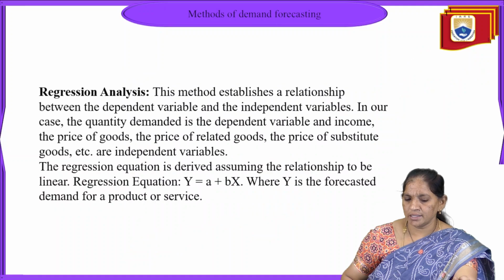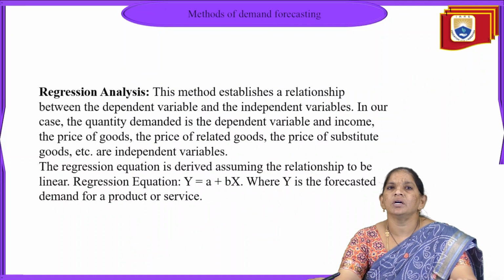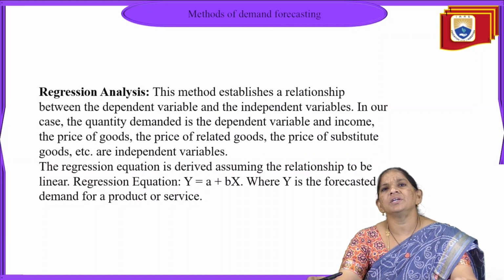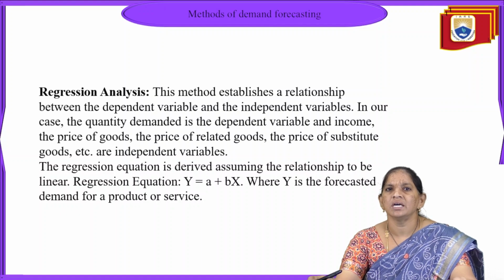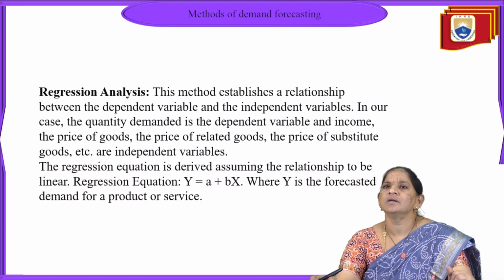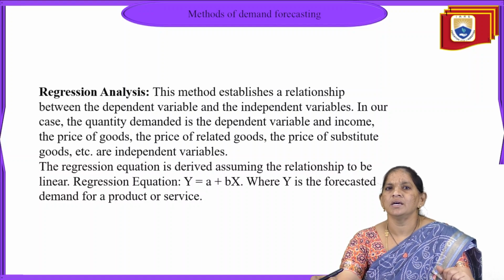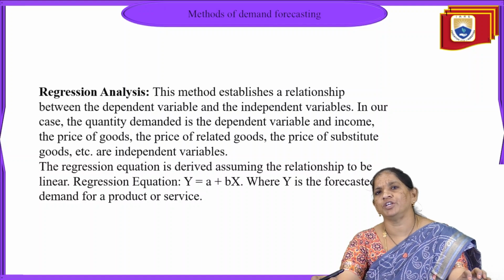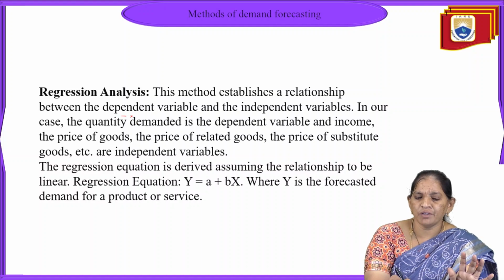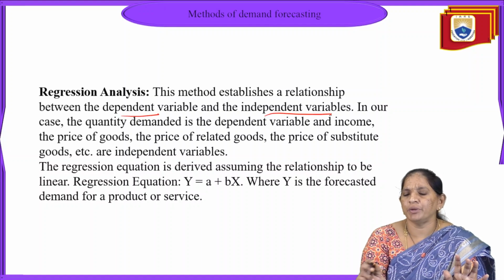The next method relating to quantitative analysis is the statistical method, or regression analysis. As we know, the regression method establishes a relationship between a dependent and an independent variable. So in sales forecasting, we forecast the sales based upon some variables.